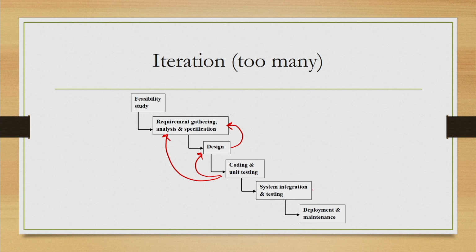In fact, after system integration and testing, we may need to go back to design, we may need to go back to requirement stage, or even we may need to go back to coding stage, and that actually happens even after deployment as well. So, we may need to refine certain things, so that the product life increases. So, as you can see, there can be a lot of back and forth movement between the stages.